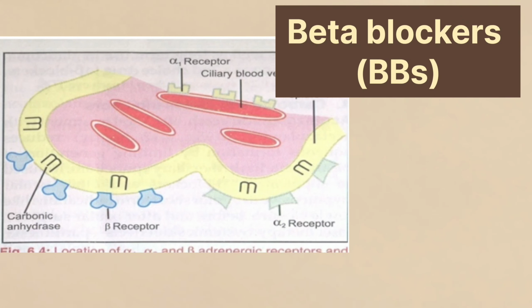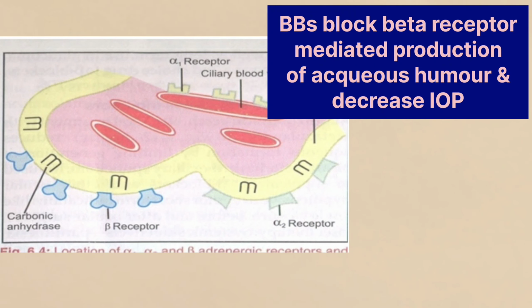The next group is beta blockers. In the eye, beta receptors, largely beta 2 subtype, are present in the ciliary body epithelium and the blood vessels. Production of aqueous seems to be activated by a beta receptor mediated cyclic AMP protein kinase A pathway, and this results in the formation of aqueous humor.